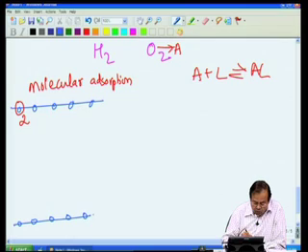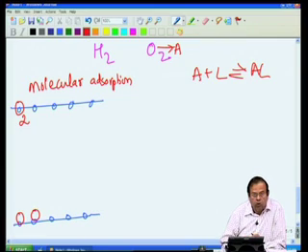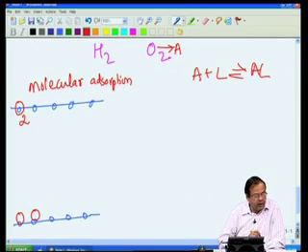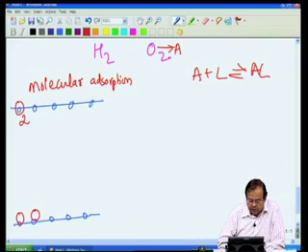But quite often, oxygen or a diatomic molecule undergoes dissociation, and the adsorption is now as atomic oxygen on two sites, as an atomic adsorption on two sites. So, what happens in this particular case?